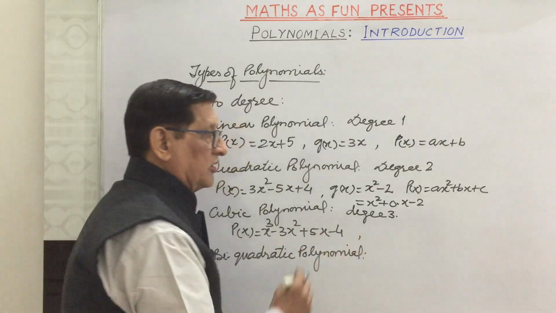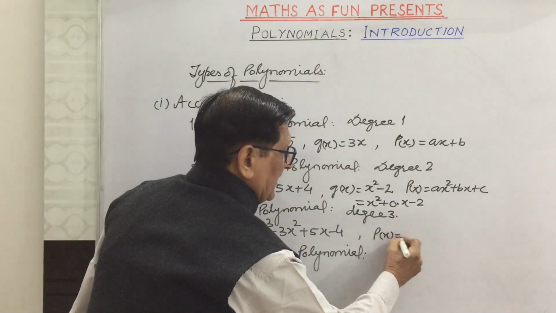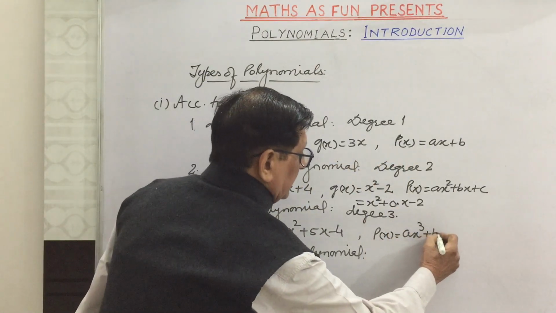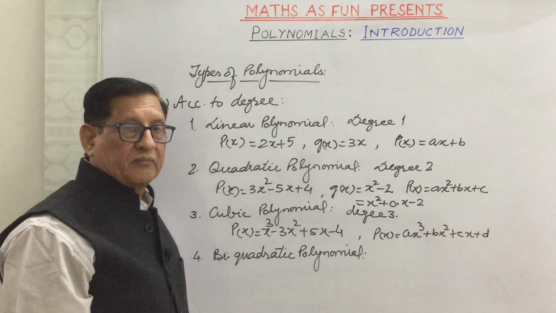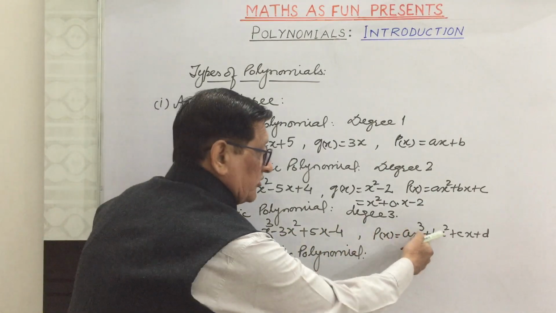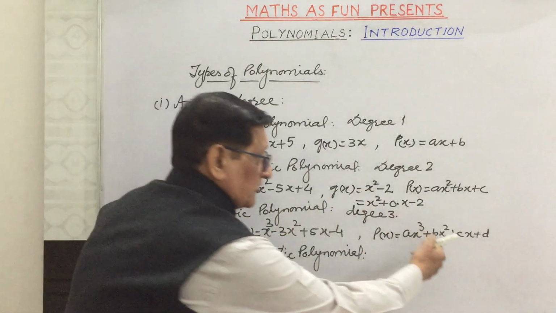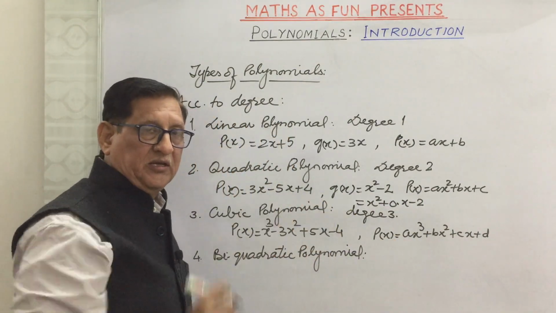Generally, the cubic polynomial is written in the standard form as ax³ + bx² + cx + d. The coefficient of x³ is taken as a, that of x² is b, the coefficient of x is c, and the constant term is taken as d.